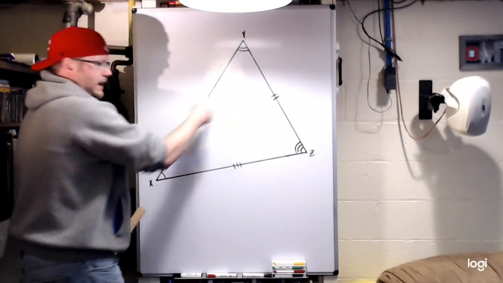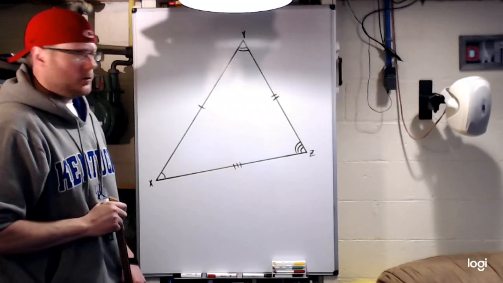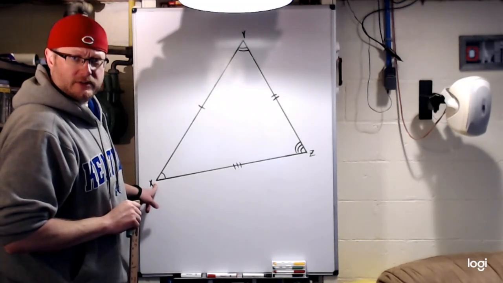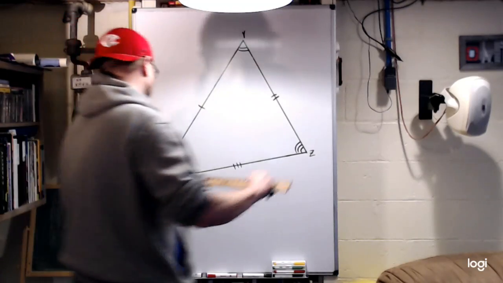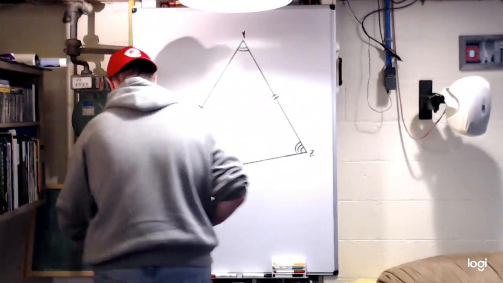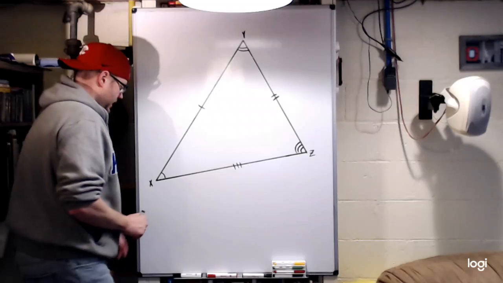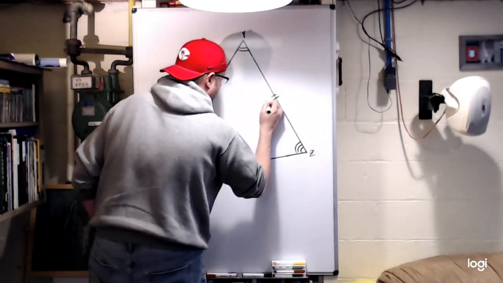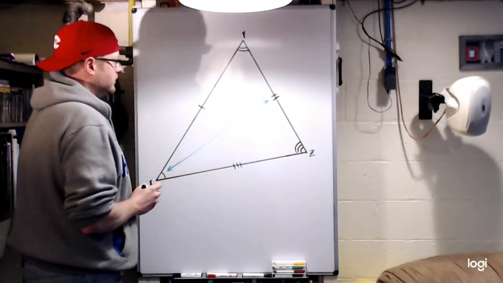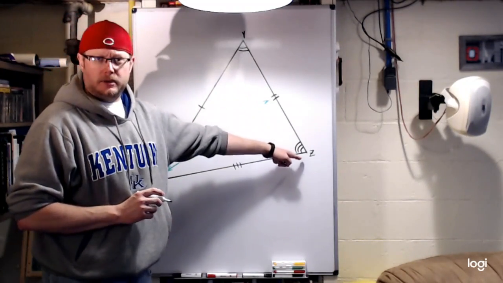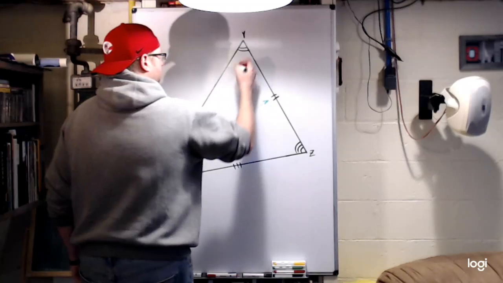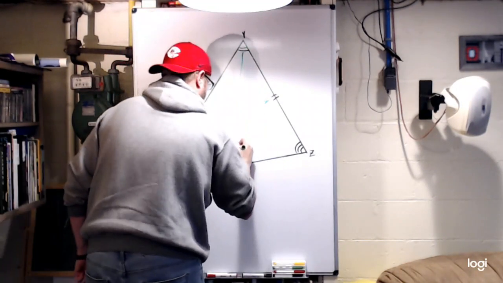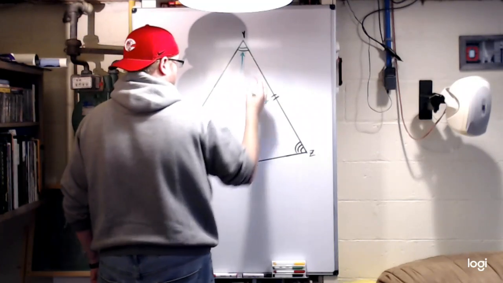So looking back at this triangle one last time, let's start here with vertex X, or angle X. If I'm starting here, across or opposite of X is side YZ.